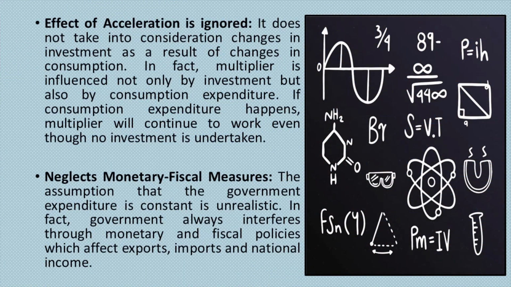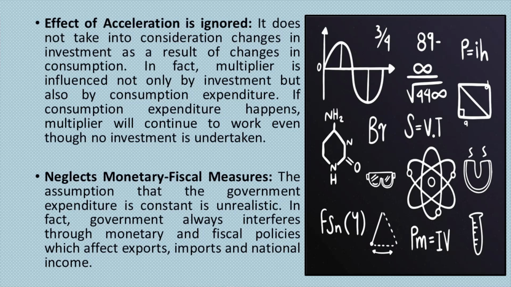Since this foreign trade multiplier as a concept is an extension of the Keynesian multiplier, it has the same lacuna of ignoring another cycle of effect through the accelerator. That is basically ignored, so it suffers from the same kind of problem.